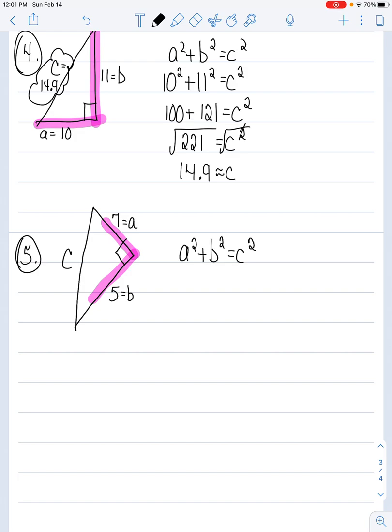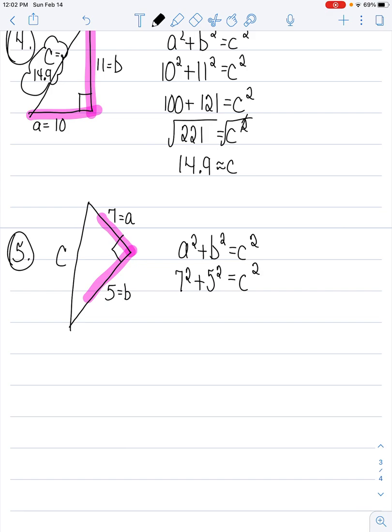All right, so let's see how you did. We said A is 7, so this is going to be 7 squared plus, from the formula, we said B is 5 squared equals C squared. And we leave it as C because that's what we're looking for. We use letters to represent unknown numbers in math. So 7 squared, which means 7 times 7, is 49. 5 squared, which means 5 times 5, is 25, equals C squared.